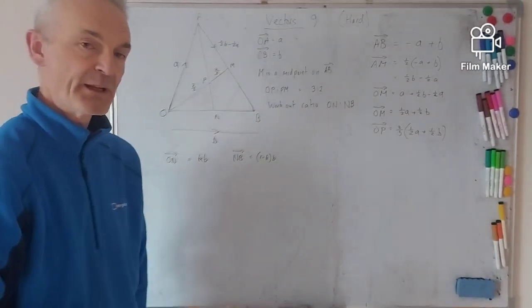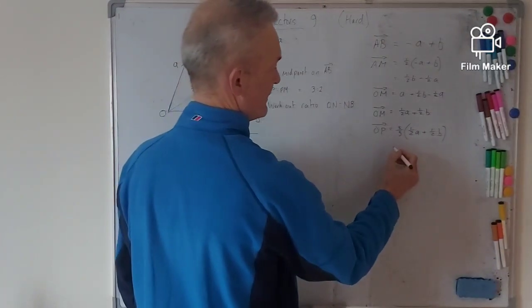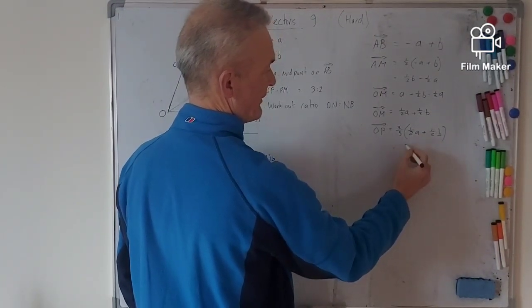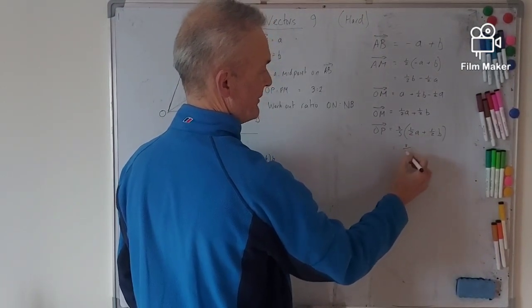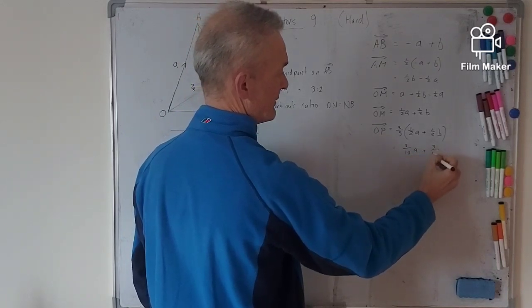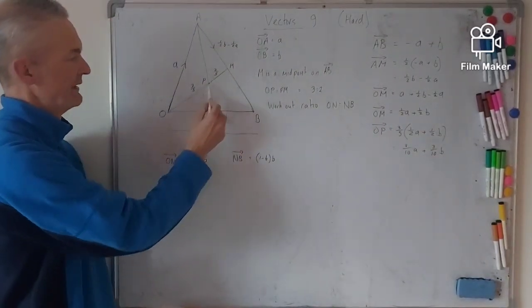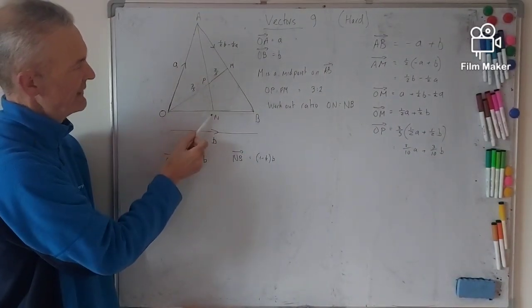That's like that, and then we can just multiply out that brackets to simplify it. So we're going to get 3 times 1 is 3, 5 times 2 is 10a plus. Okay, so that's OP.